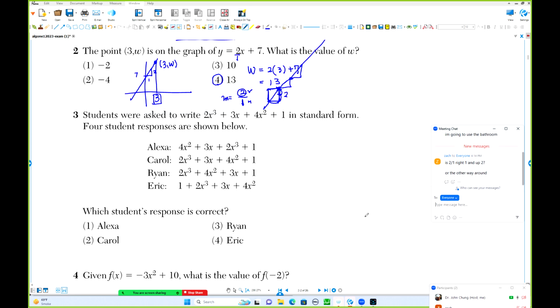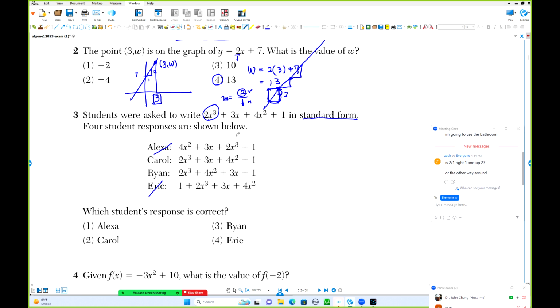Number 3. Some students ask to write this one instead. I told you what the standard form is: descending order. Highest degree first, then the next one, down to the constant. 2x cubed must be the highest degree, so it goes over here.